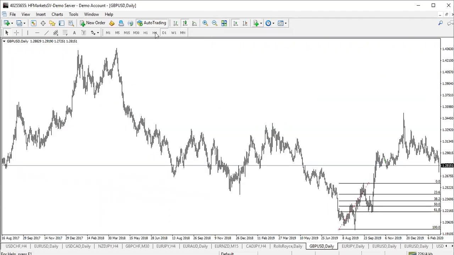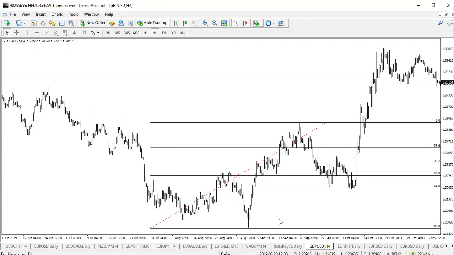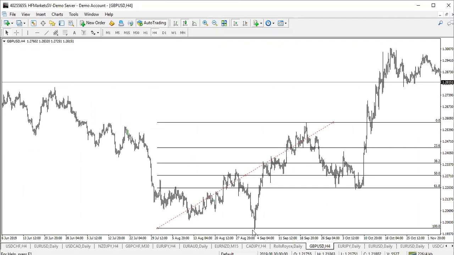We draw a swing low to swing high, and price is coming down, but I need to know where exactly price is going to pick up the upward movement again. Once I draw my swing low to swing high, the levels automatically plot out. So I'm watching for here, here, here, and here.